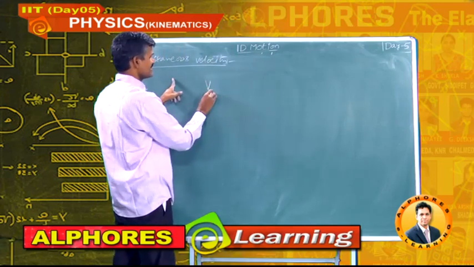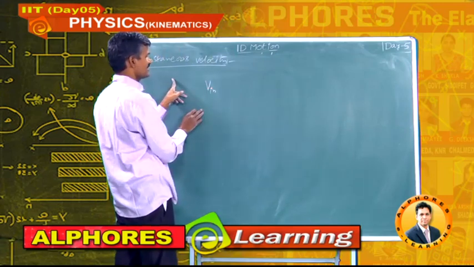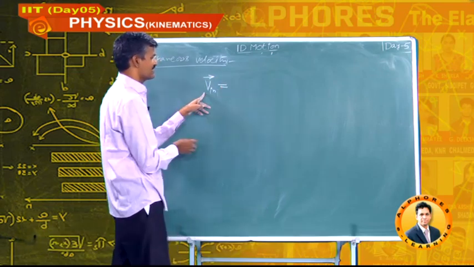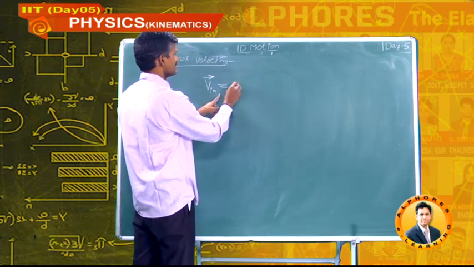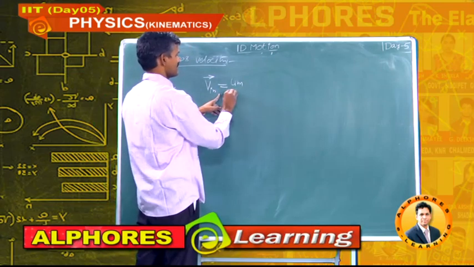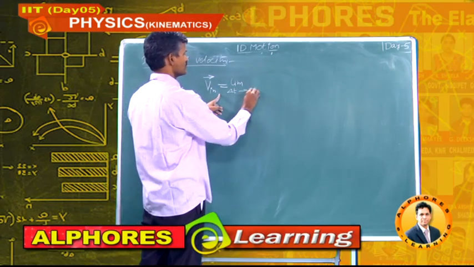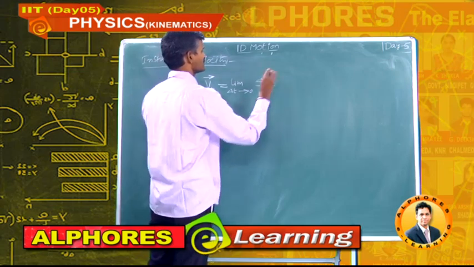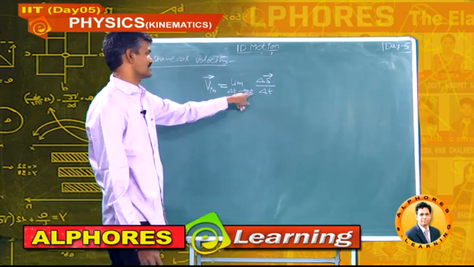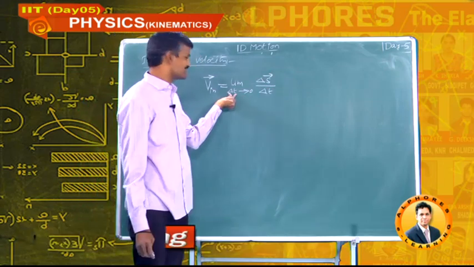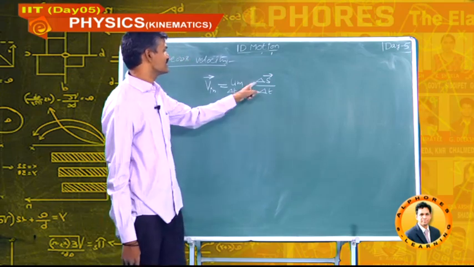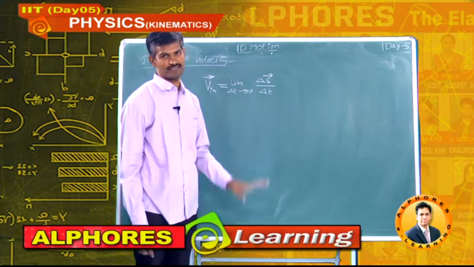So, V instantaneous can be written as V_inst bar, a vector quantity. This can be written as V_inst = limit delta t tends to 0 of delta s bar by delta t. This is known as instantaneous velocity. Instant means delta t tends to 0. When delta t tends to 0, this gives the instantaneous velocity.